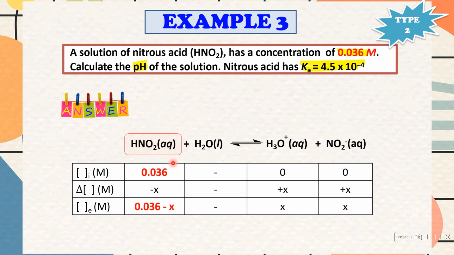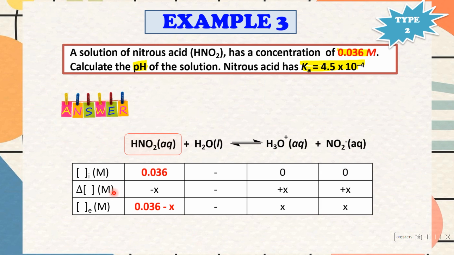Next, draw the ICE table and substitute the initial concentration of HNO2, that is 0.036. As for H2O, it is a liquid, so it is not considered. You just write dash, dash, dash. The concentration of H3O plus and NO2 minus is 0 because it has not dissociated yet.